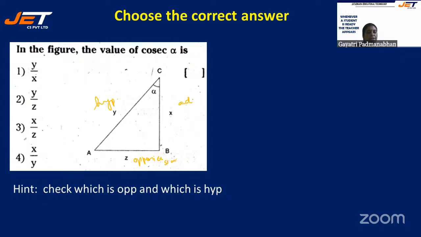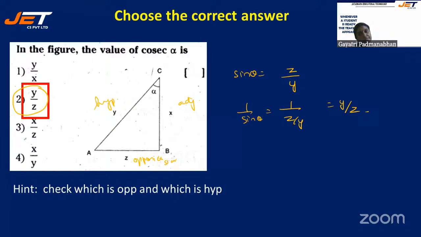This is your adjacent side. So cosecant is nothing but 1 by sine. So what is sine theta here? Opposite side by hypotenuse. So 1 by sine theta is nothing but 1 by z by y, which is y by z. So your answer must be option 2, y by z. Let's check. Yes, it is.